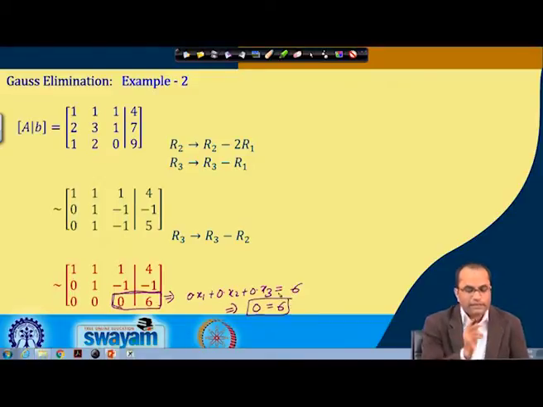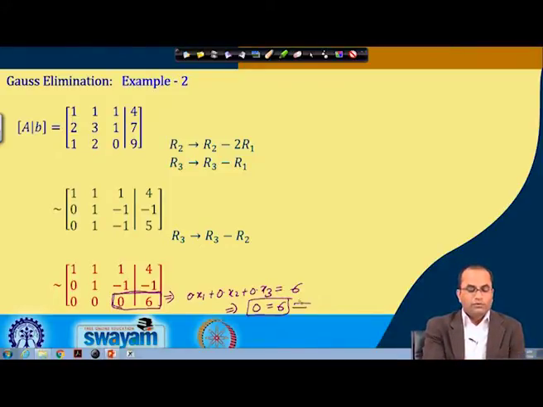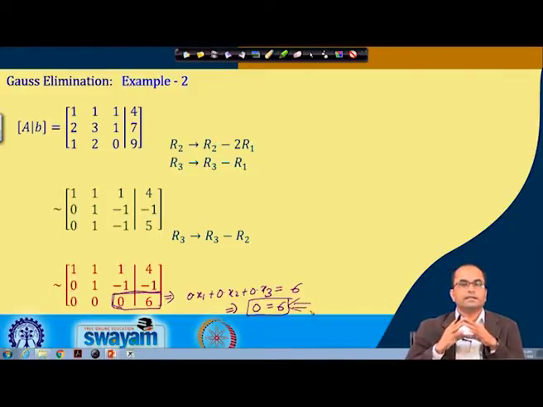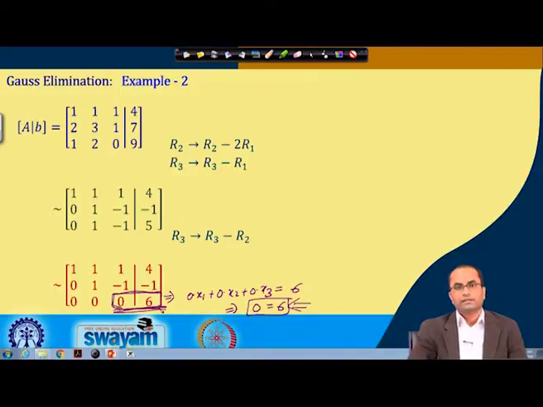This is what we are getting from the last equation, and that is the point where this Gauss elimination technique, or this reduction to echelon form, helps, because here we can observe that there is an inconsistency in the system, because we should not get 0 is equal to 6. So, by reducing to this echelon form, we have realized that the given system is inconsistent.